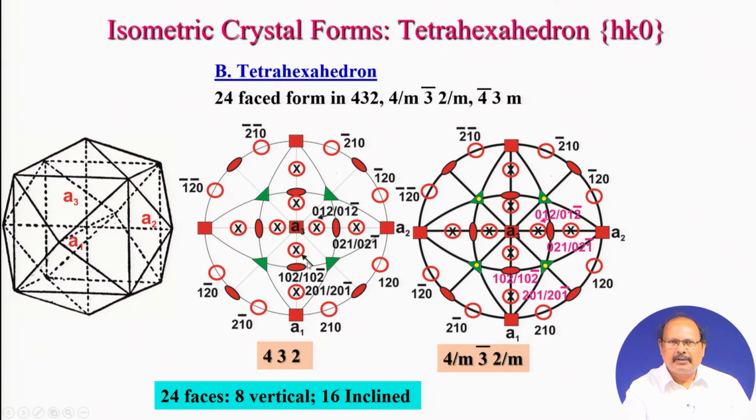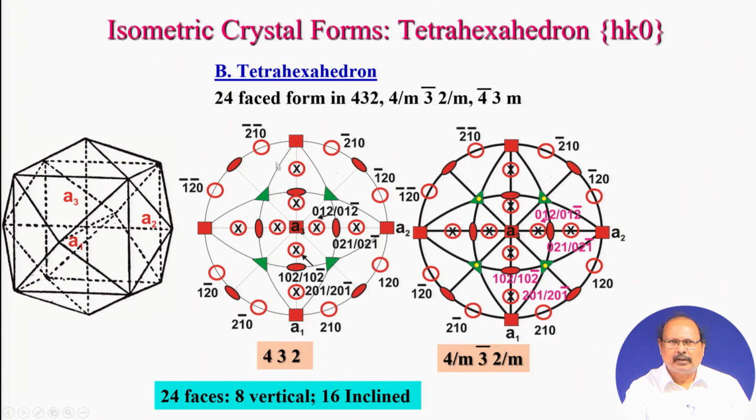And what will happen is that, as we have done with respect to 2 3 and 2 over m bar 3, this open circle will again be acted upon by this triad. You have this open circle here and you also have this open circle here. In a way, this open circle will be repeated by the symmetry of this point group, by all the symmetry axes that we see here.